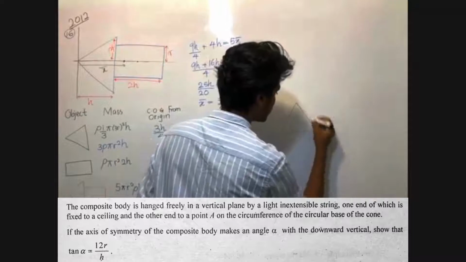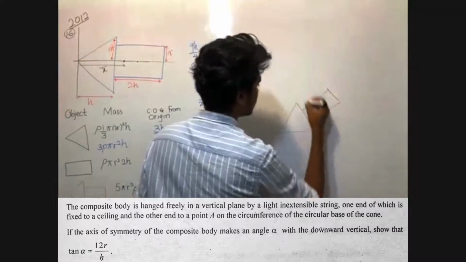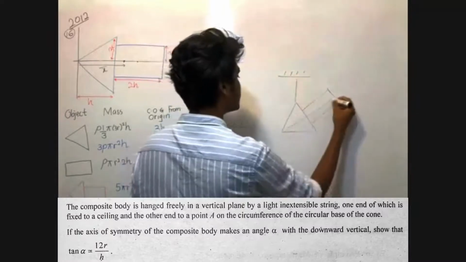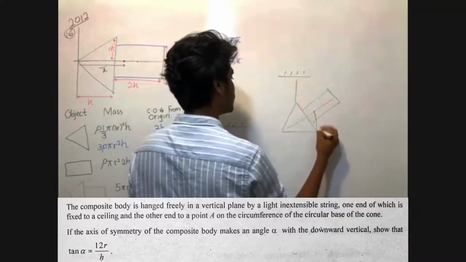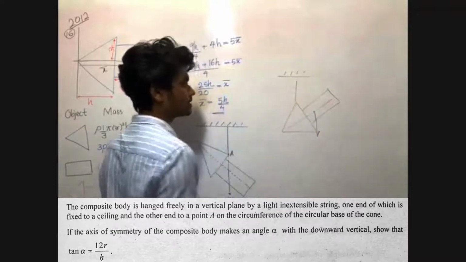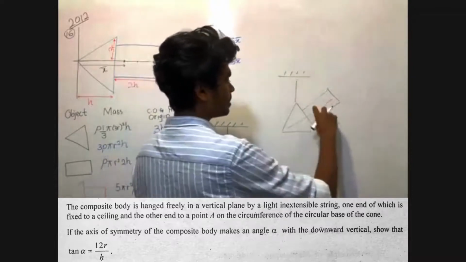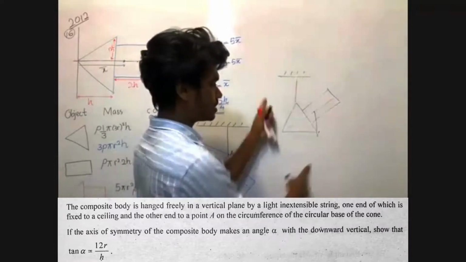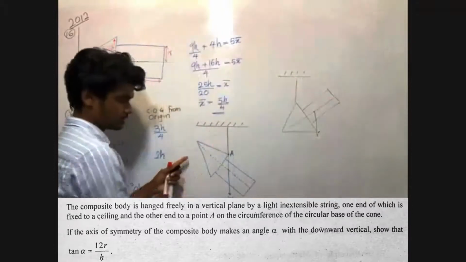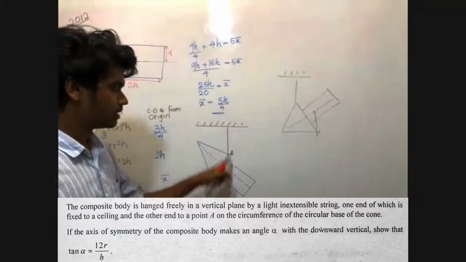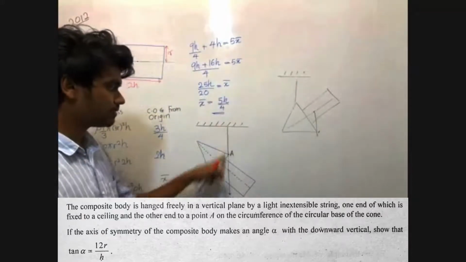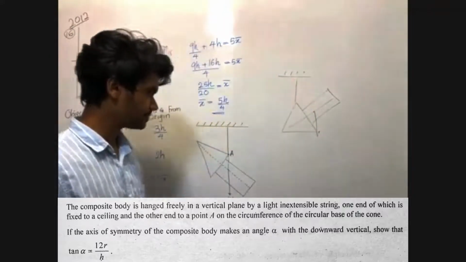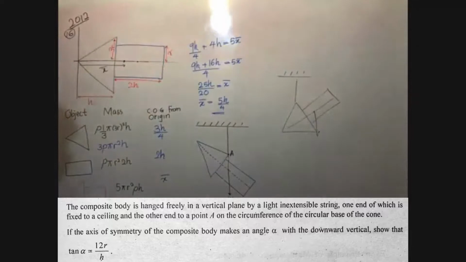Can they hang it this way? No, because the center of gravity is here. Always it should be in the vertical line, which means it should turn. This is the vertical line it was hanged with, so this should also come into that vertical line.